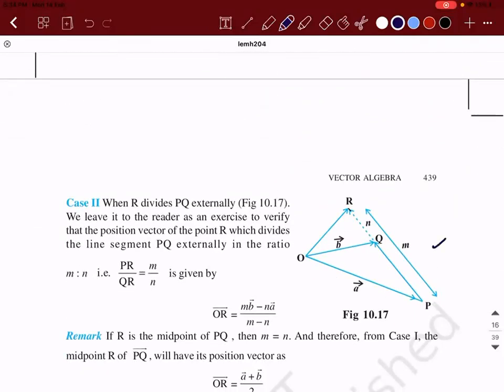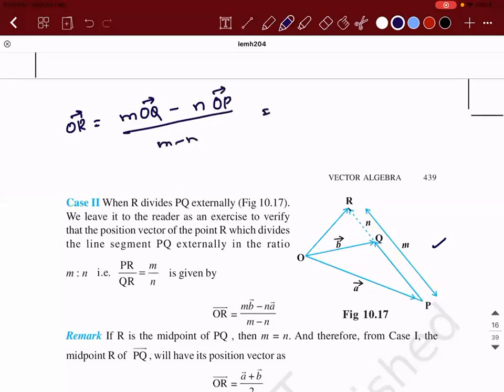When external division is taking place, then you write OR vector as M into OQ vector minus N into OP vector divided by M minus N. So M into OQ vector is B vector minus N into A vector divided by M minus N. So this is going to give you the value of OR vector.